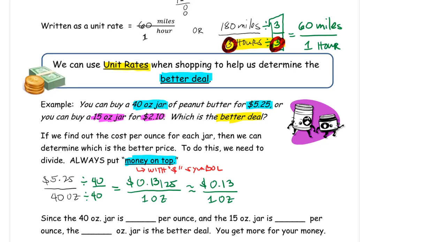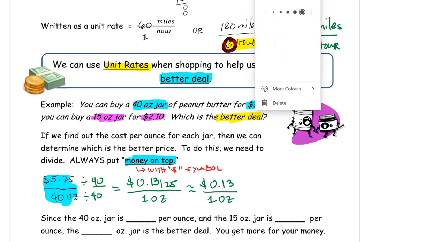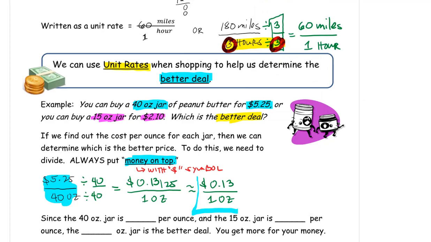So this number pertains to our first rate, and that is equivalent to the price per ounce.